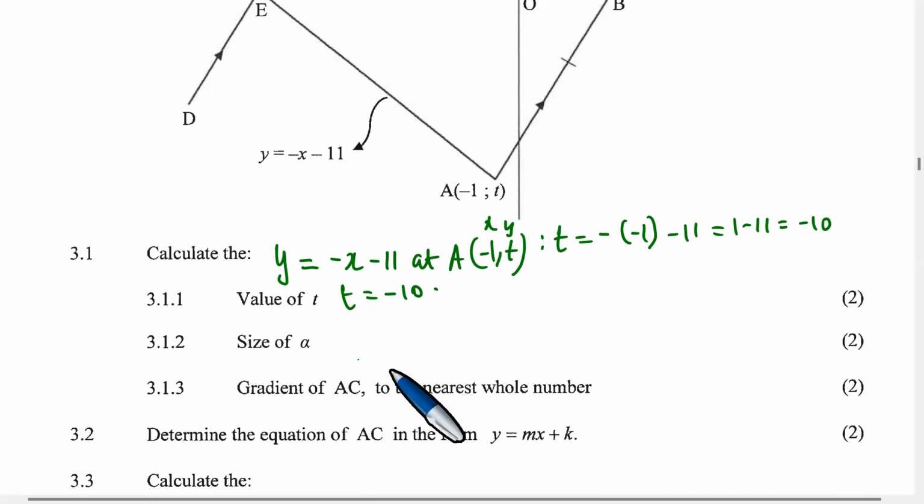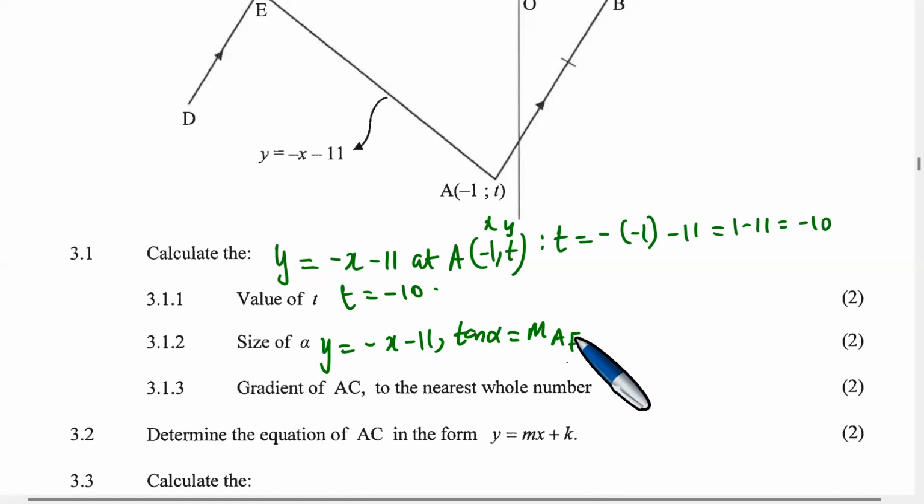So you start as follows: y = -x - 11. And then you have the tangent of alpha, which is the gradient of the line. What is the gradient of the line AF? That is the formula we're going to use, so we have tan alpha. The gradient is minus 1.